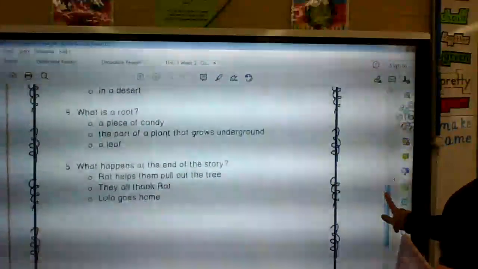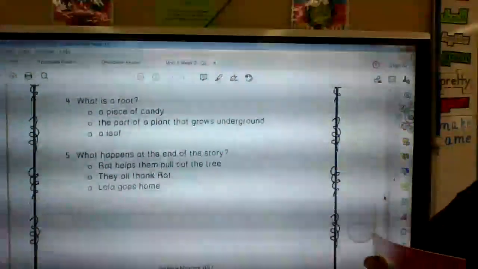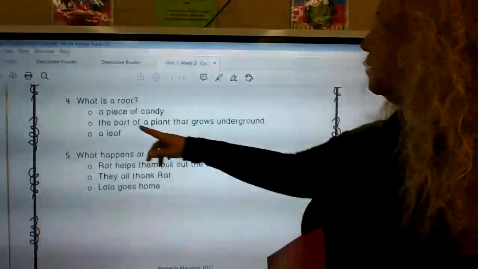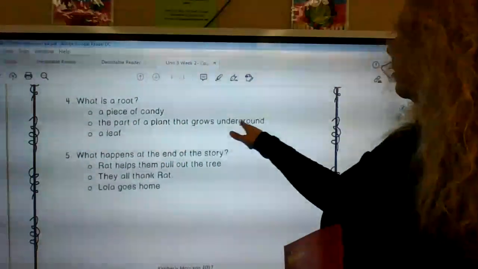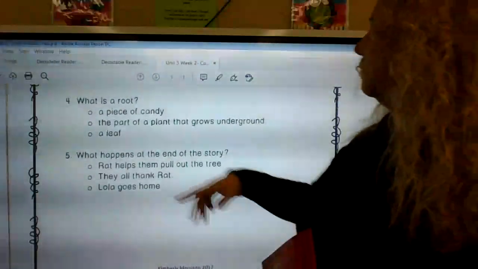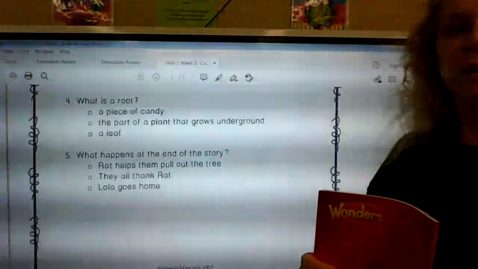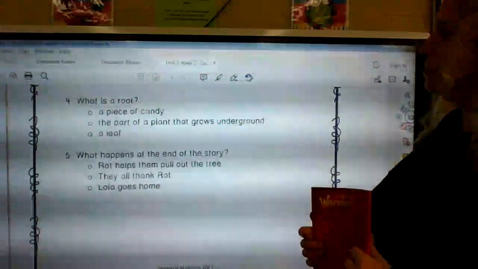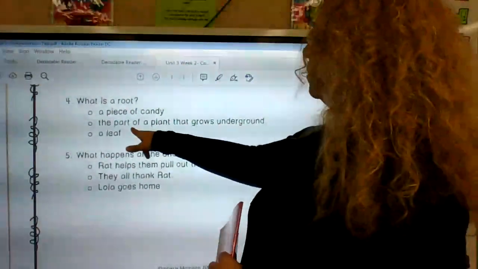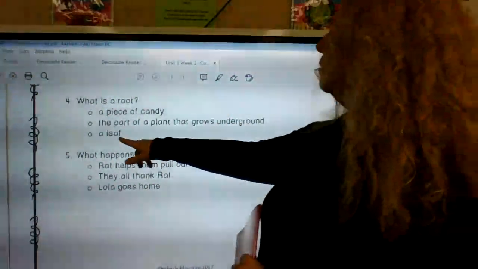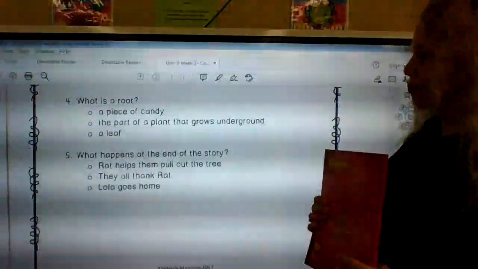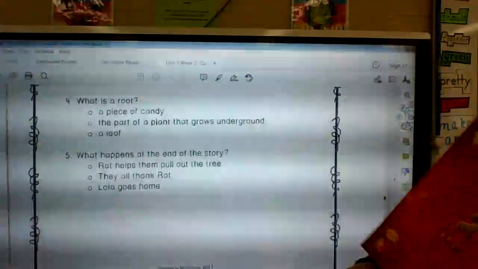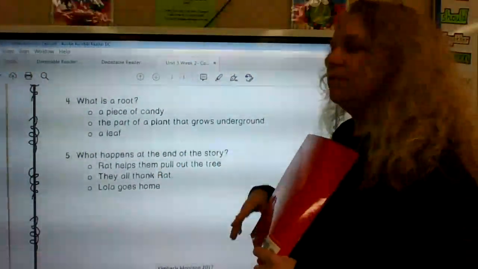All right, number 4. What is a root? A piece of candy? The part of a plant that grows underground? Or a leaf? And what happens at the end of the story?